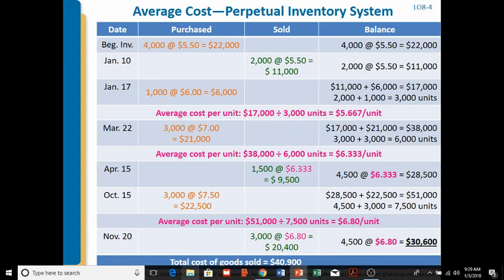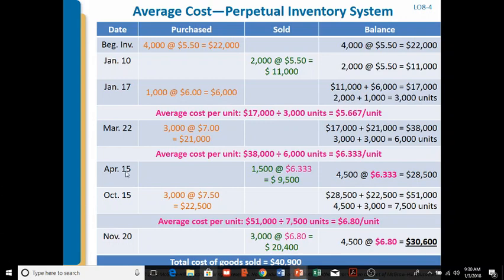So we have at that point 3,000 units available for sale. The cost of those units is a total of the 11,000 plus the 6,000 just purchased. So 17,000 is divided by 3,000 to come up with the average unit cost of 5.667 per unit.